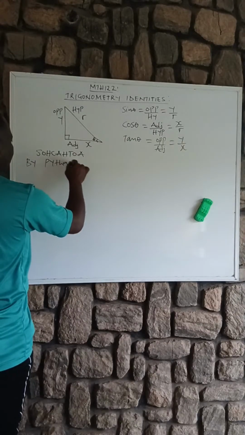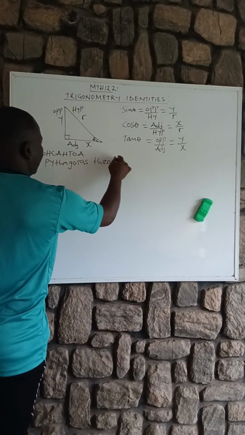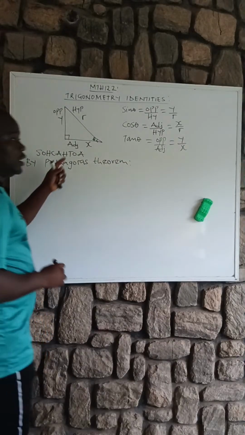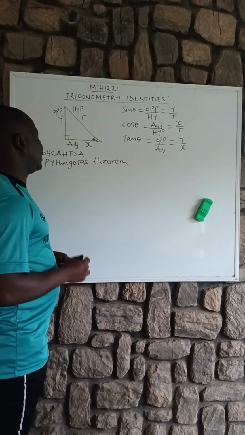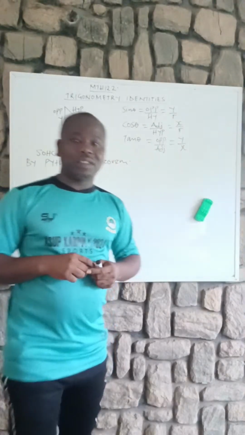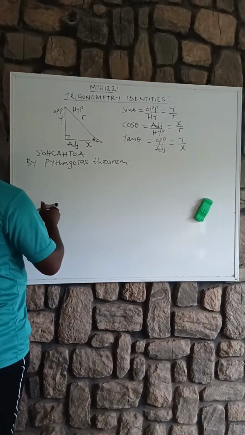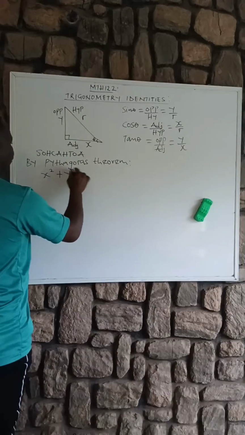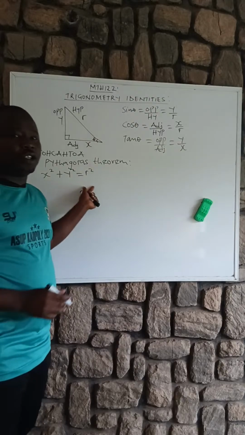By Pythagorean theorem, we know that the square of the longest side is equal to the sum of the squares of the two remaining sides, true or false? That is the Pythagorean theorem for you. So this implies that x squared plus y squared equals r squared.